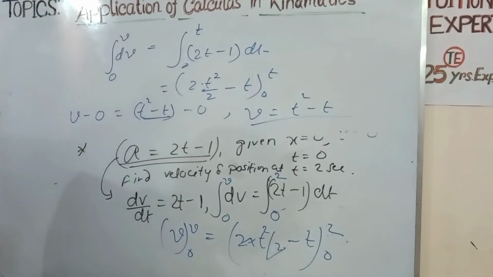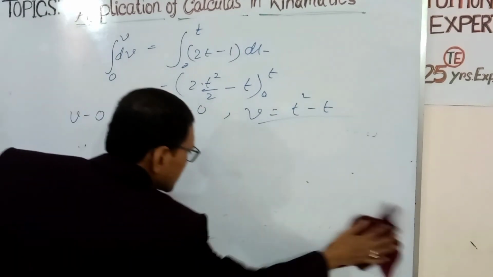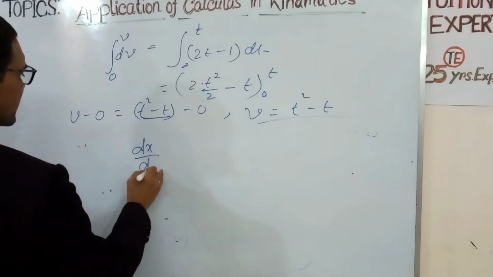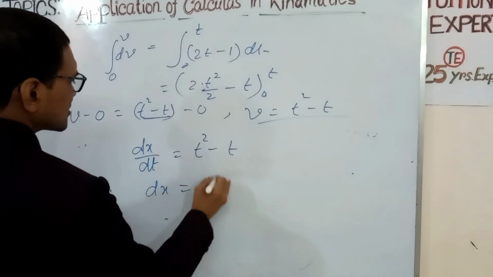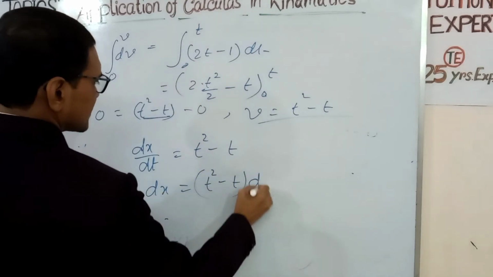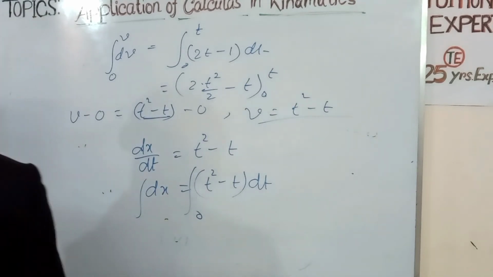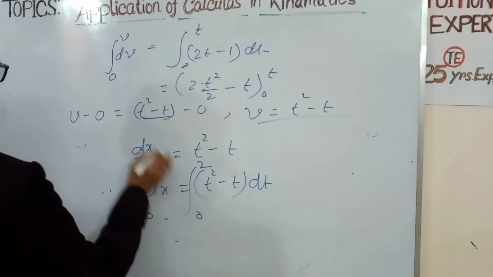Now from this we have to find, so velocity equal to dx by dt. Now dx equal to this dt, integrate this. So at t equal to 0, displacement is 0, at t equal to 2, displacement is x.